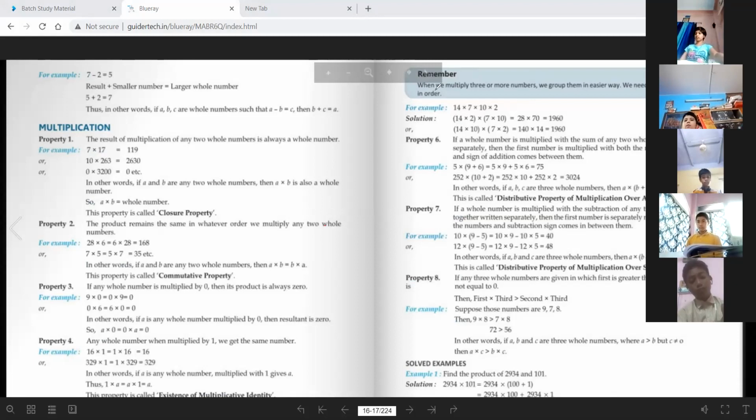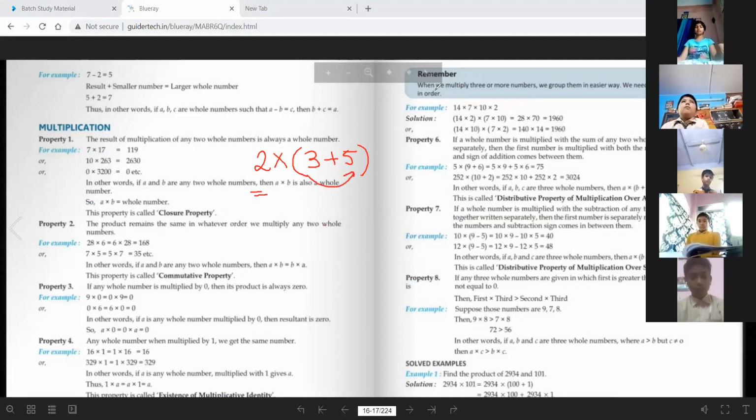Suppose we have to multiply, and the number I have given is 3 plus 5. Generally from childhood you have all learned that we will do 3 plus 5 first, that will come as 8, right? After that we will multiply by 2 and it will come as 16.